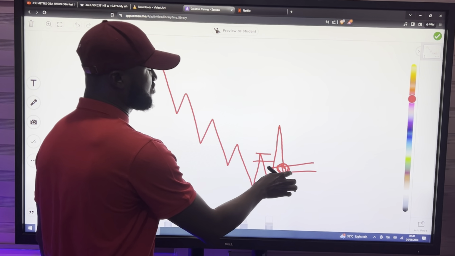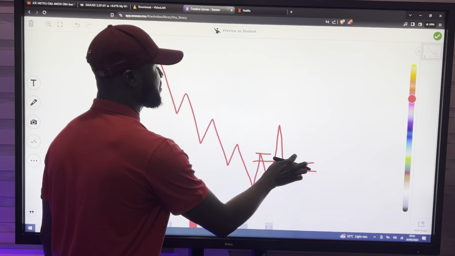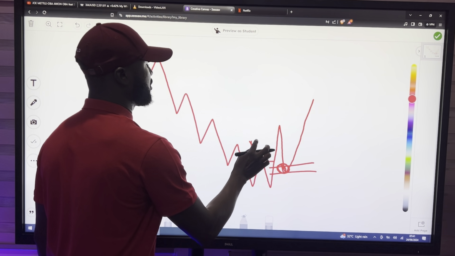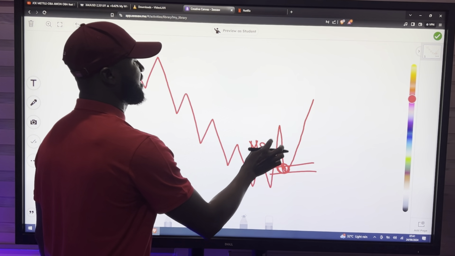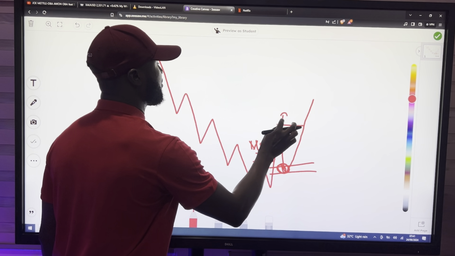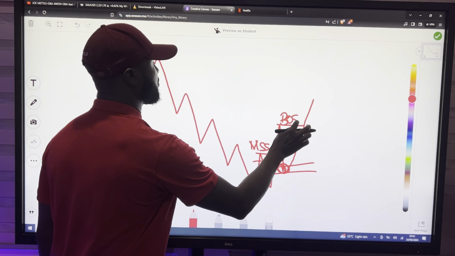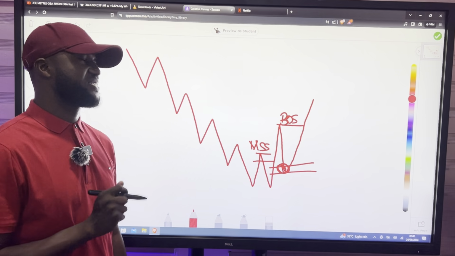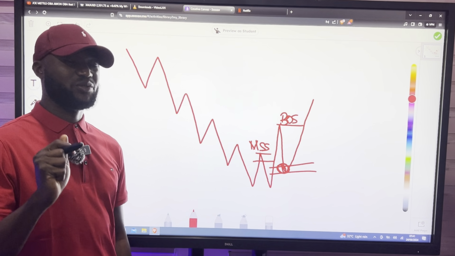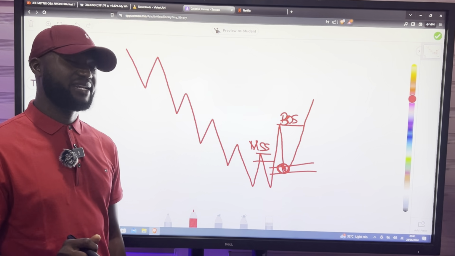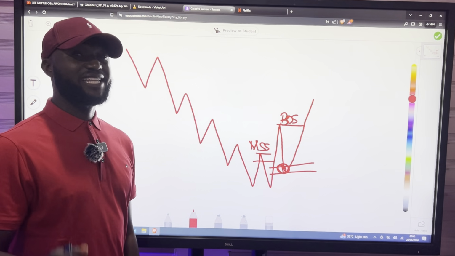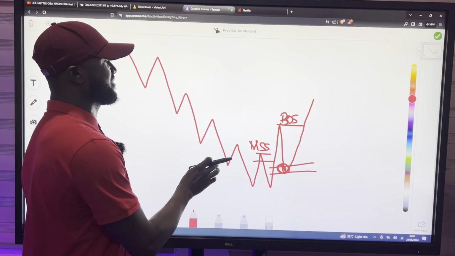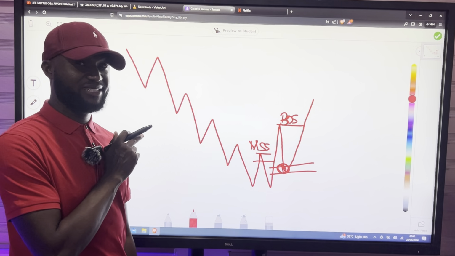So if you are entering a trade here, as soon as price starts going, now this is a market structure shift here, and this becomes a break of structure. What does that mean? Break of structure is always for trend continuation, and that is the only reason why you should believe in this price movement.